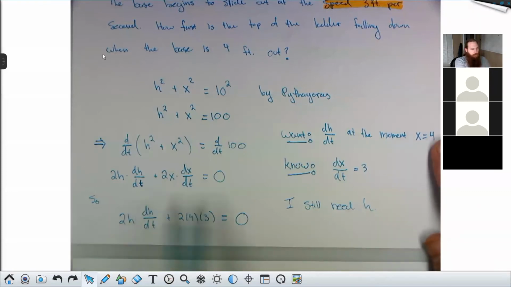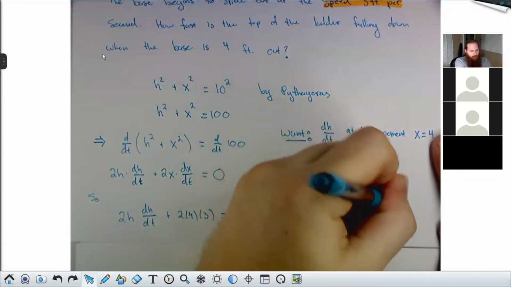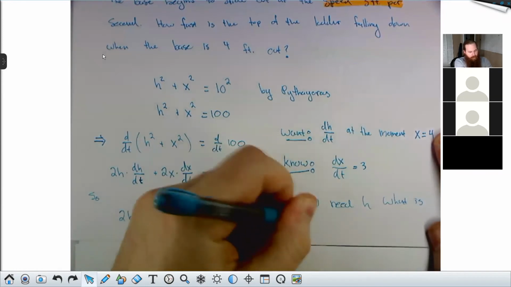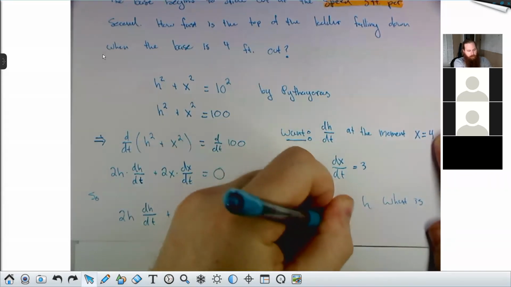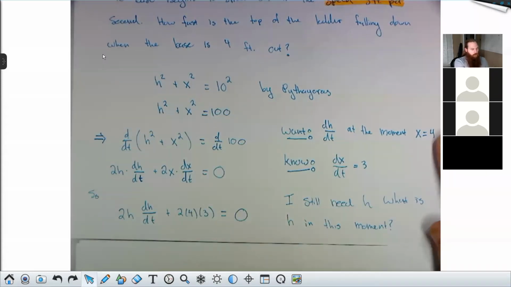So once you get to this step, oftentimes you'll discover that there's something else that you need to solve for and plug in before you can find the desired derivative. So what is h in this moment? Well, let's redraw the picture.